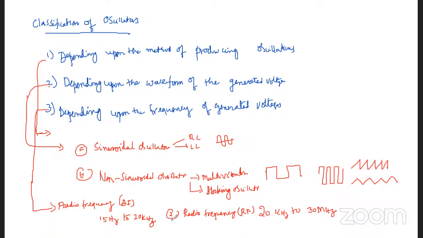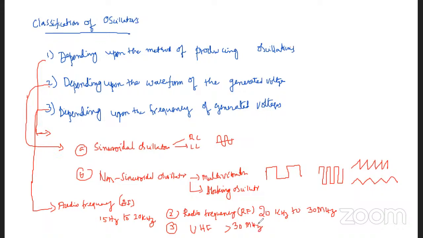One more type of oscillator is the ultra high frequency oscillator, UHF. These are also known as microwave oscillators, and they generate high frequencies greater than 30 megahertz.